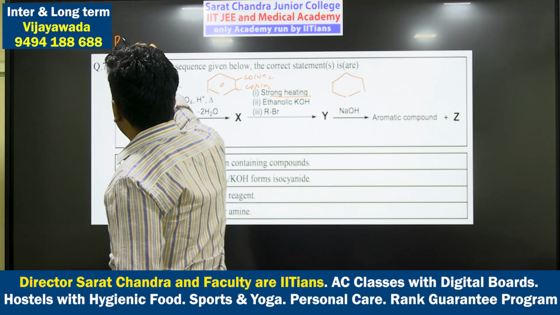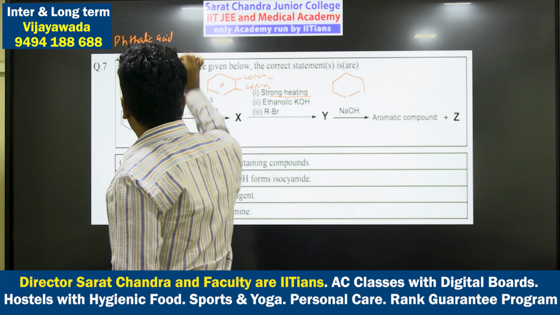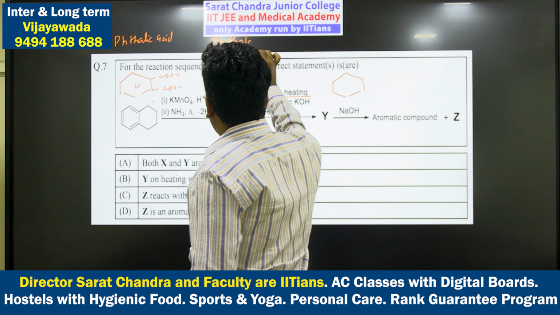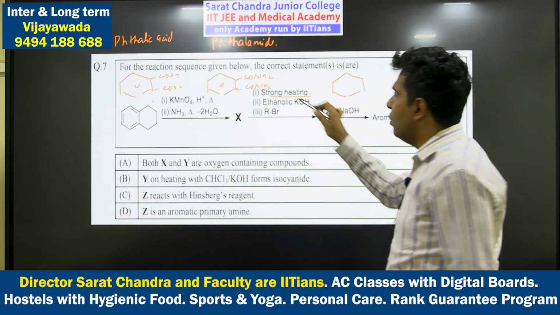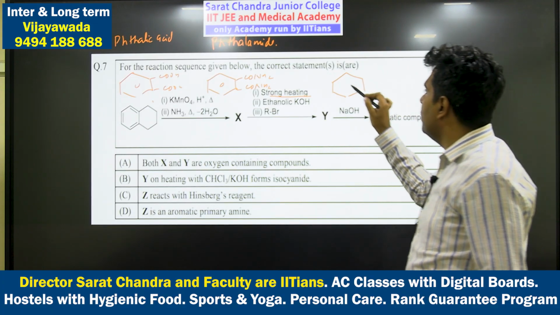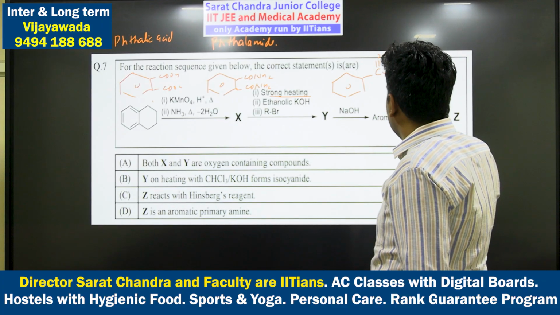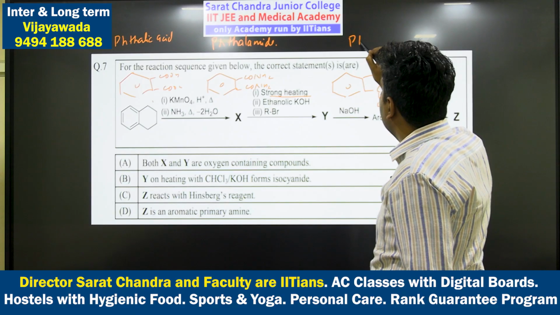So this is phthalic acid, and this is phthalamide. Then on strong heating, these 2 amide groups will combine to give imide. So imide will be formed, that is phthalimide.